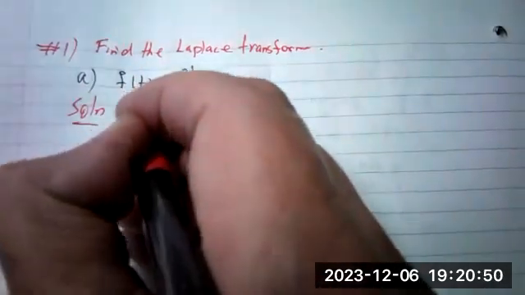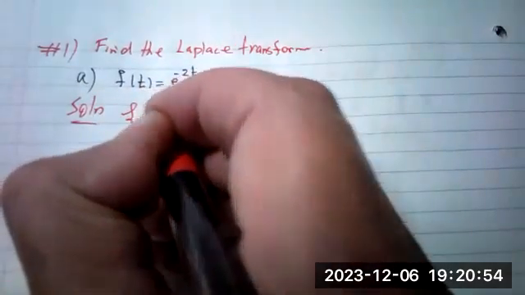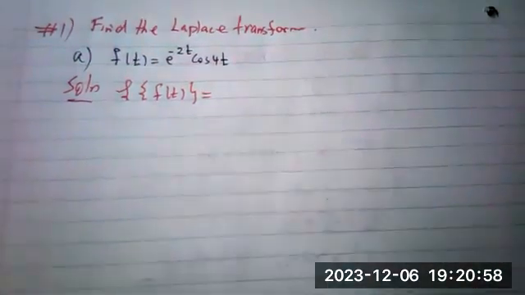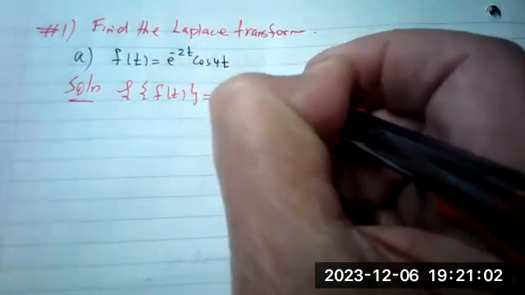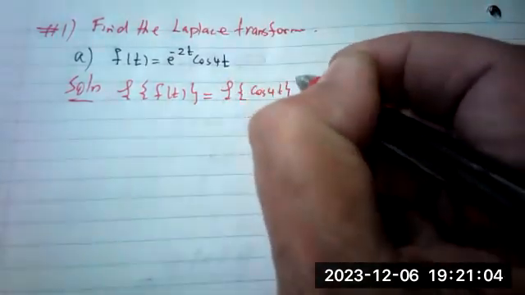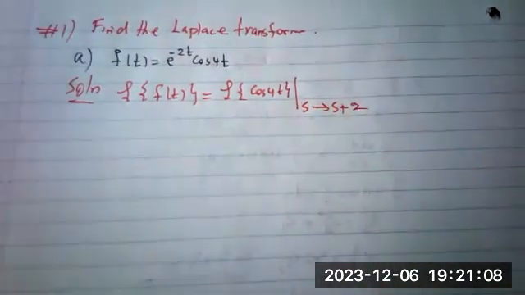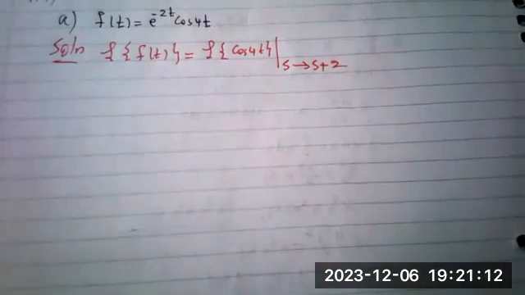The Laplace of f of t is going to be equal to the Laplace of cosine of 4t, but when you change the s into s plus 2, that translation equation.